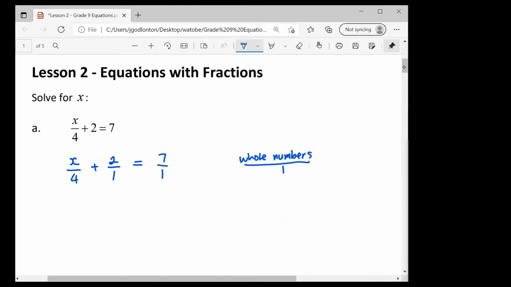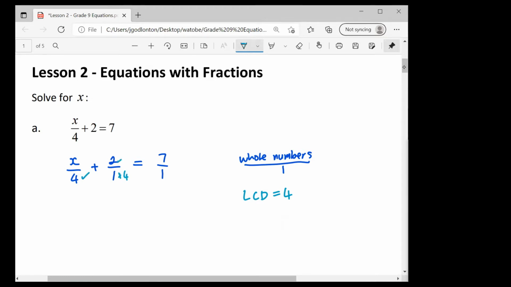Now, if I wanted to find a common denominator here, my LCD, my lowest common denominator, would be 4. With this x over 4, I don't need to do anything because its denominator is already 4. With this 2 over 1, I would need to multiply that 1 by 4 to get a denominator of 4.